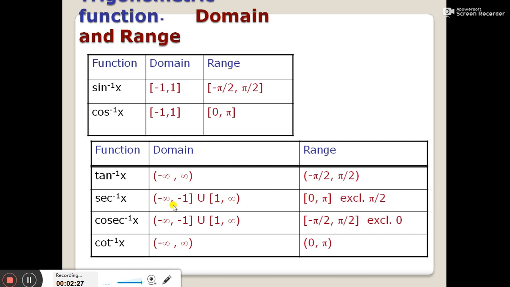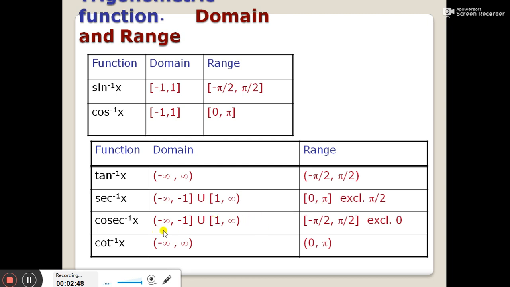And the domain of secant inverse x is minus infinity to minus 1, union 1 to infinity, and the range is 0 to pi except pi by 2. It means at pi by 2 the values do not belong to secant inverse x.